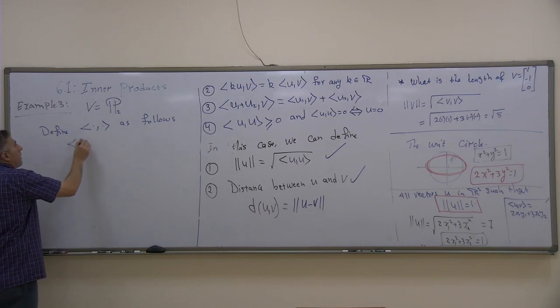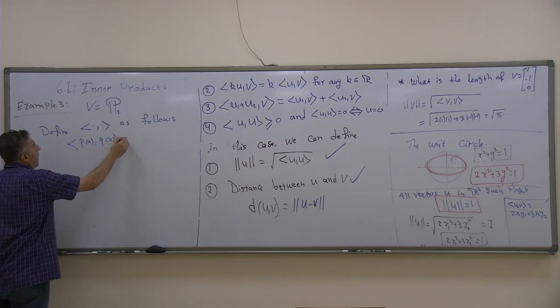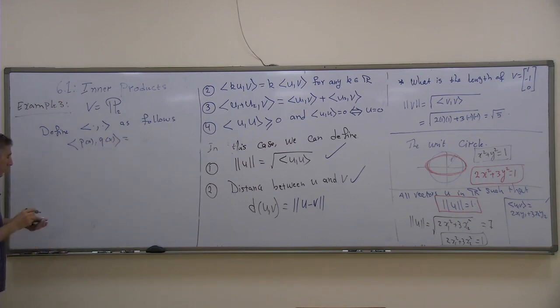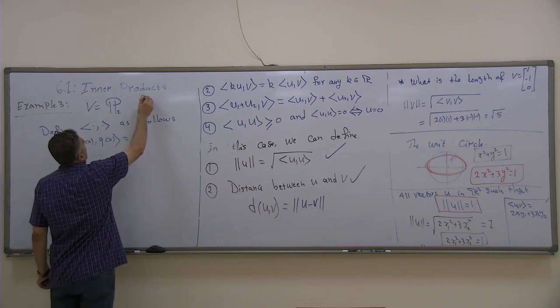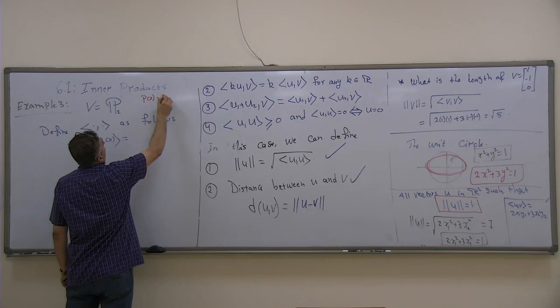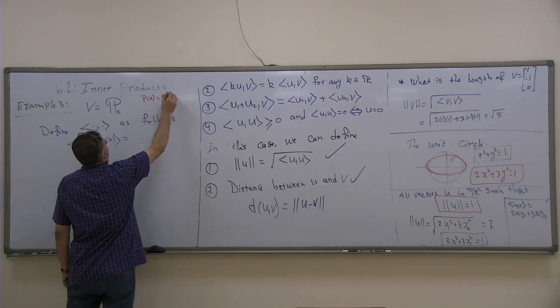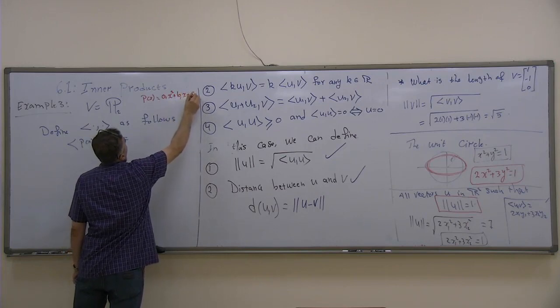Take two polynomials and define the inner product between them. Let me write here what I mean by P(x). It's a polynomial in P2, so this has to be A1x squared plus B1x plus C1. Am I correct?